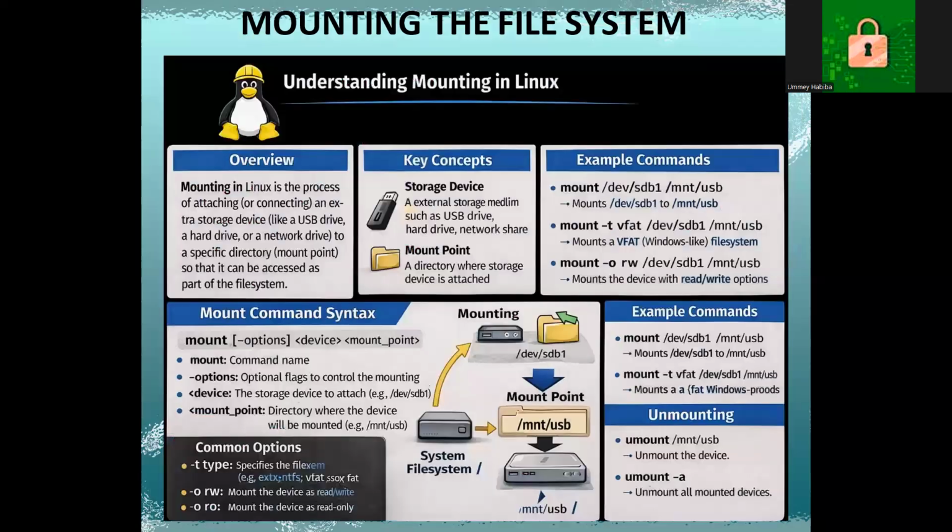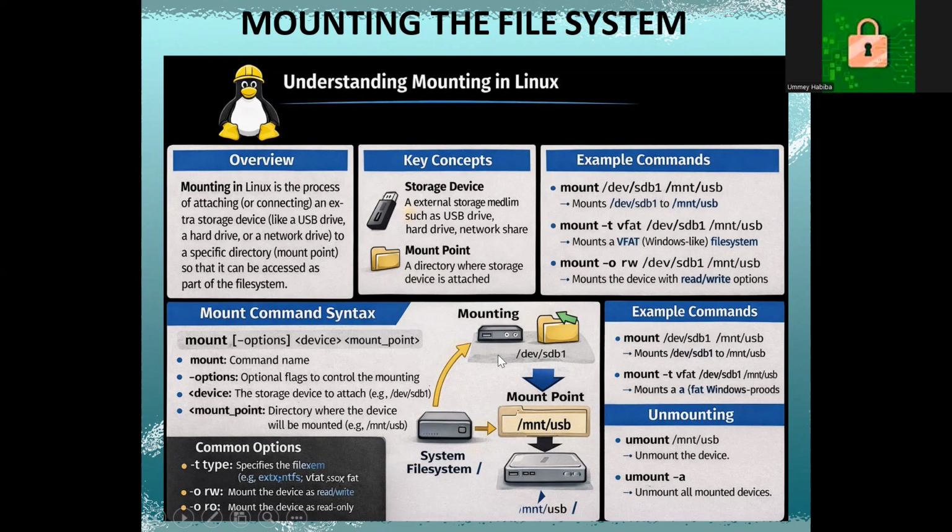To detach a mounted file system, the unmount command is used. Firstly, you see these are the mount commands, for example mounting the device to the USB directory, and in this one, mounting VFAT to the file system USB, and here you also use read and write options. The mount command syntax is mentioned here.